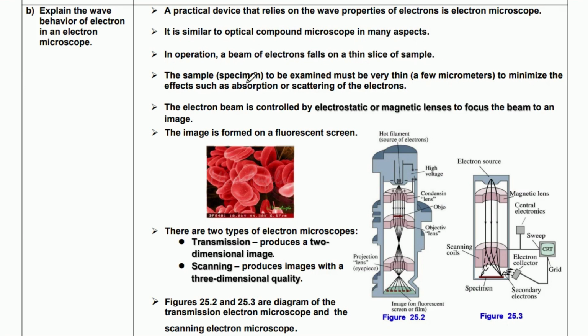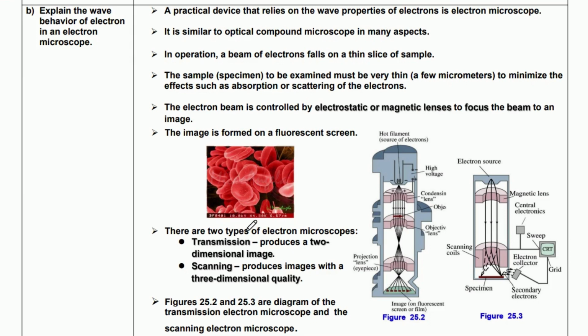The sample specimen to be examined must be very thin, a few micrometers, to minimize the effect, such as absorption or scattering of the electrons. The electron beam is controlled by electrostatic or magnetic lenses to focus the beam to an image. So the image is formed on a fluorescent screen.